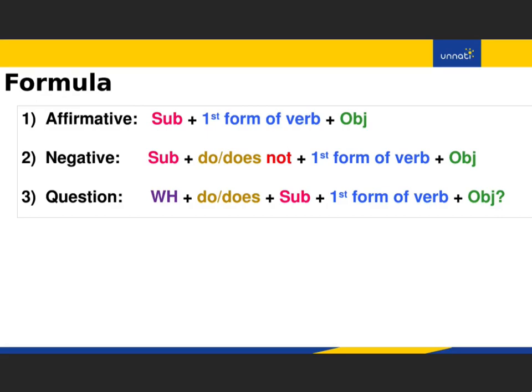WH word plus do or does plus the subject I or she and then the verb. What do I play? Usually हम लोग ऐसे क्वेश्चन तो खुद को नहीं पूछते हैं, but we are grammatically correct in saying this sentence. What do I play?